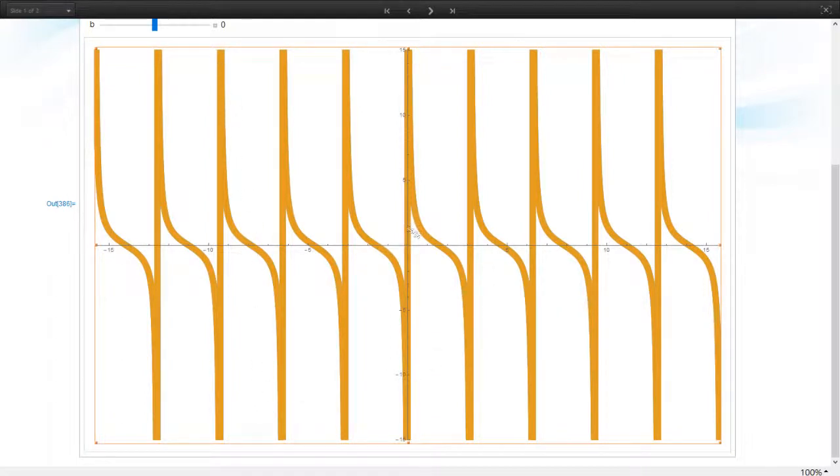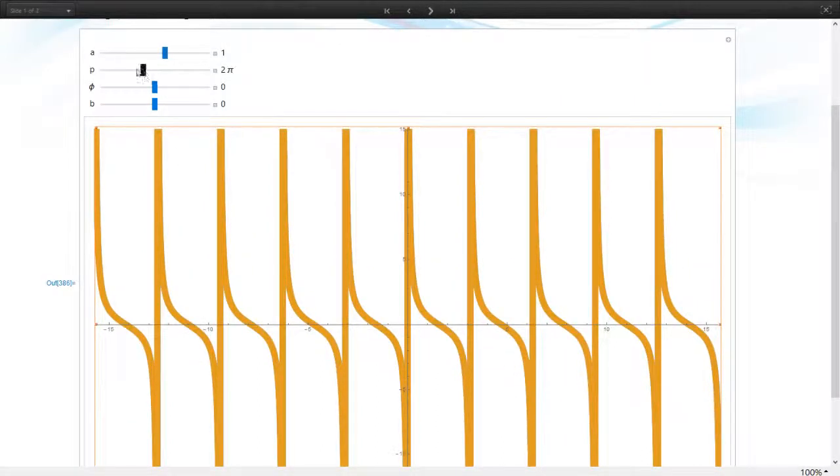And its asymptotes, instead of being at pi over 2 and 3 pi over 2 and 5 pi over 2, basically pi over 2 plus or minus some multiple of pi, lie at 0, pi, 2 pi, 3 pi, negative 2 pi. It lies on multiples of pi. And again, it goes down to the right instead of up to the right.